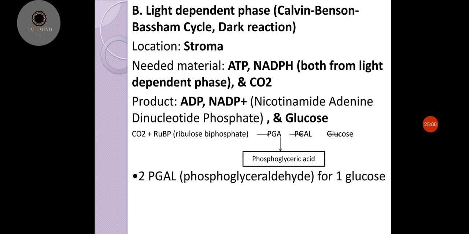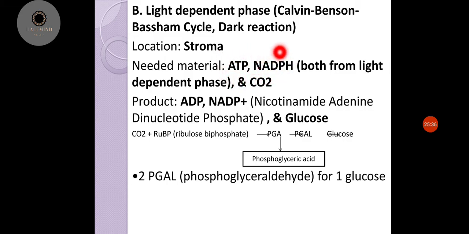So, ito yung equation in the light independent phase. Si carbon dioxide will be joined together with the ribulose biphosphate using the energy from ATP and the NADPH. Now remember, ATP and NADPH are short-lived energy storage or carrier.